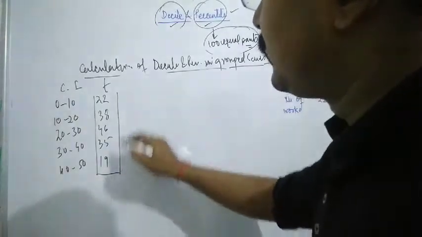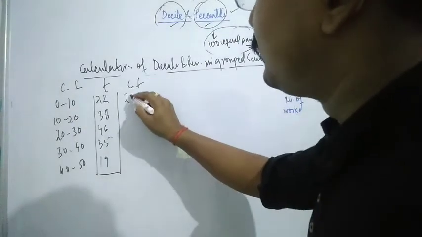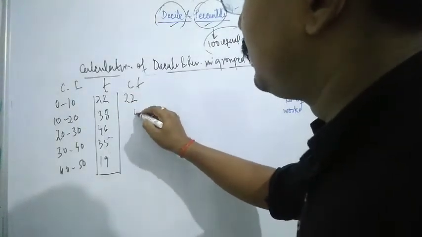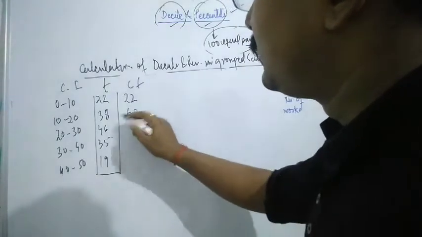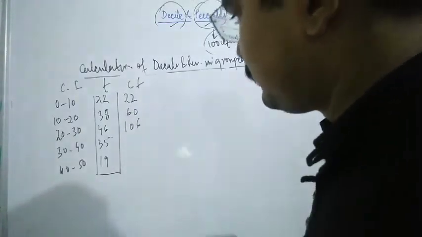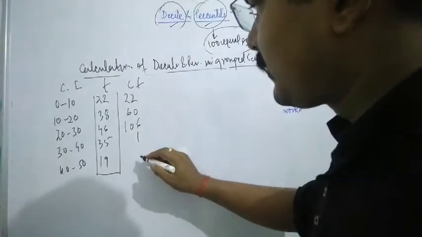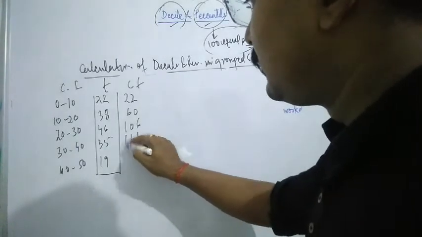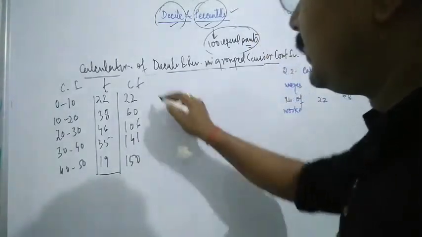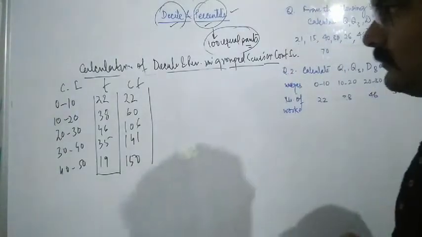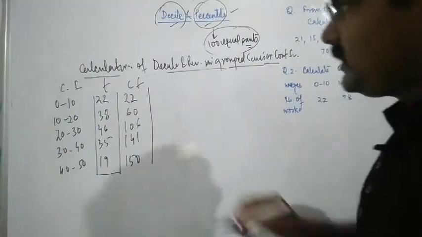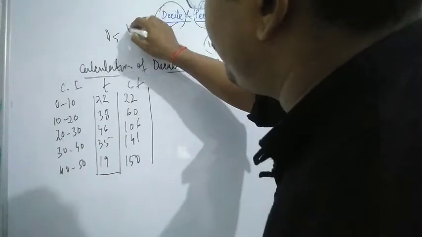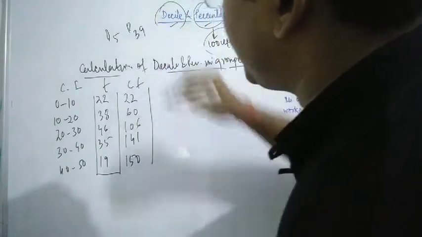We have to prepare a cumulative frequency table: 22, 60, 106, 141, 150. Suppose we have to calculate D5 and P39.